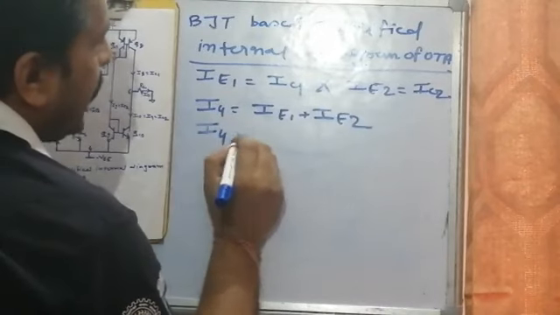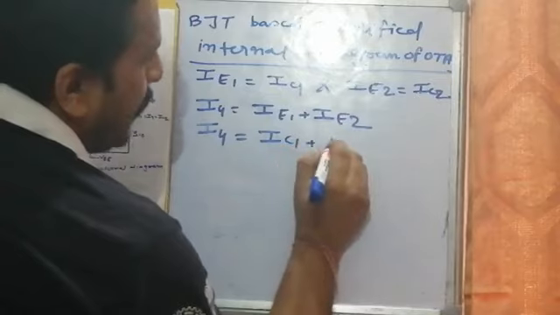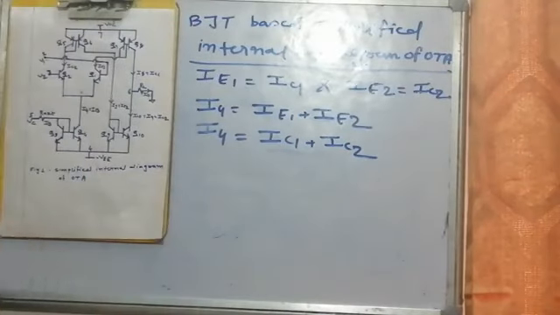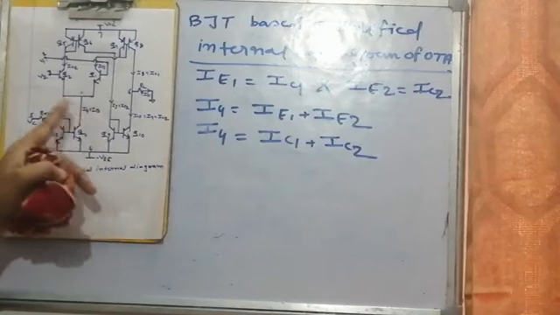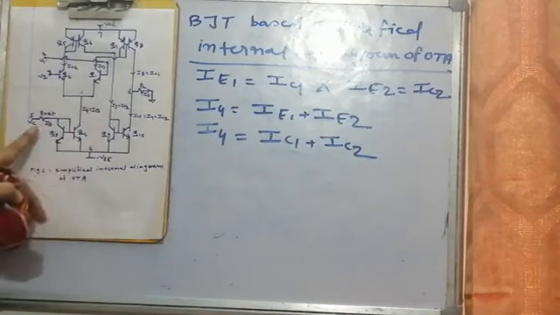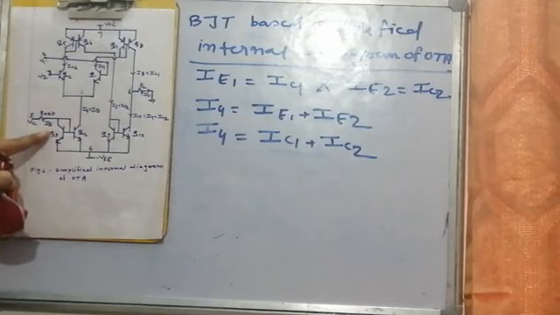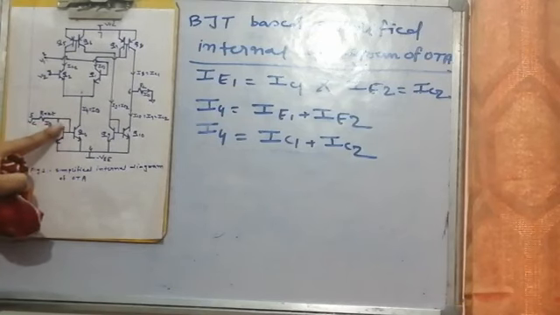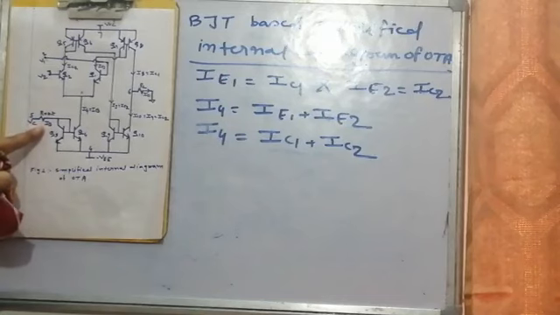So we can write I4 is equal to IC1 plus IC2. And from the concept of current mirror, what is the value of I4? I4 is equal to IB, because IB current is flowing at the collector terminal of transistor Q3, and this is called the bias current.